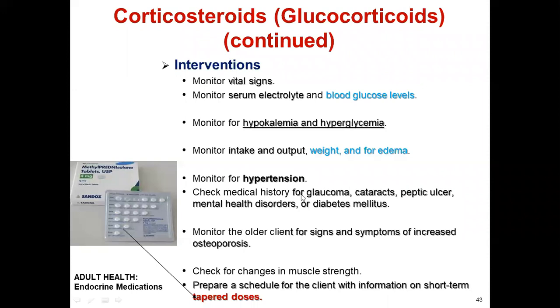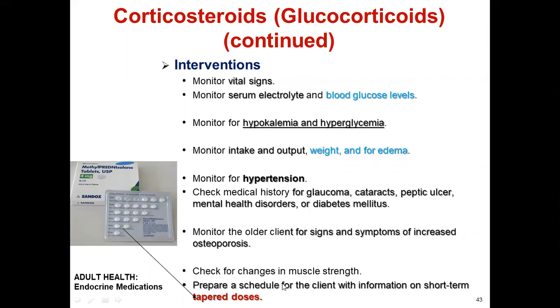Check the medical history for glaucoma, cataract, peptic ulcer, mental health disorder, or diabetes mellitus. Monitor older clients for signs and symptoms that increase osteoporosis. Check for changes in muscle strength.